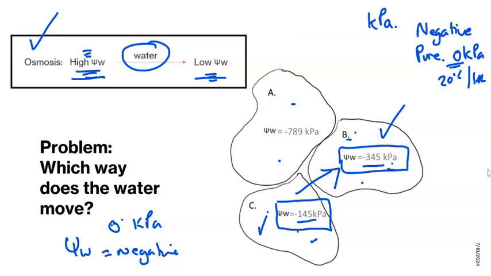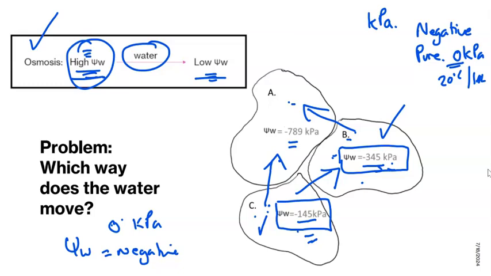And in turn, we can see that minus 345 kilopascals is higher than minus 789 kilopascals, and so the water will move from B to A. So we have the flow of water from cell C to cell B to cell A. But of course, the water will also move from cell C into cell A. Minus 145 kilopascals is higher than minus 789 kilopascals.